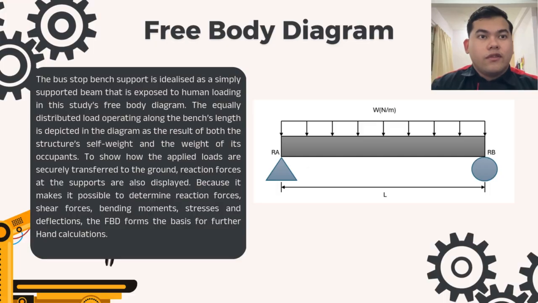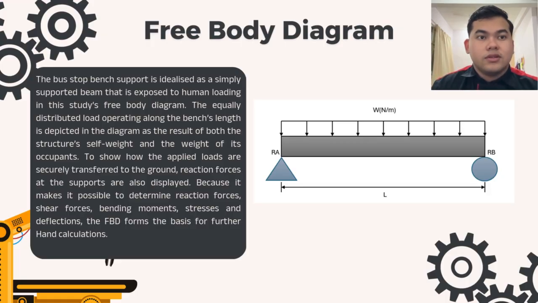For the free body diagram part, the bus stop bench support is idealized as a simply supported beam that is exposed to human loading. The equally distributed load operating along the bench length is depicted in the diagram as the result of both the structure's self-weight and the weight of its occupants.